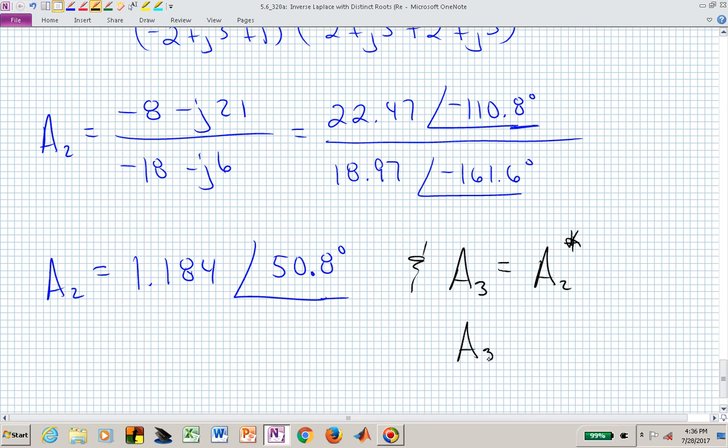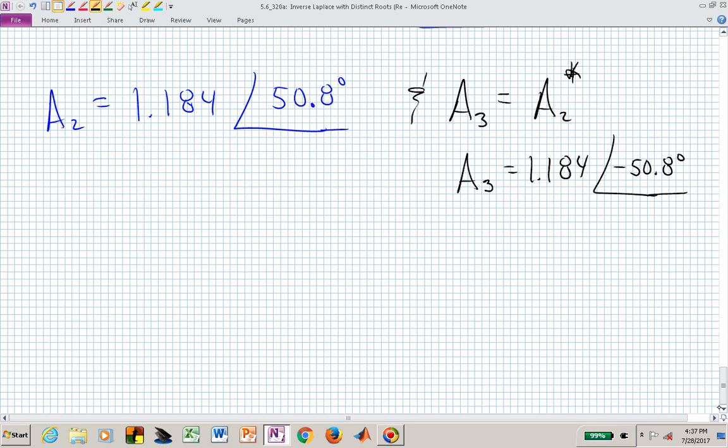It has exactly the same magnitude in polar form, and an angle that's the negative of the angle of a sub 2. And what we are going to use now is our understanding of phasors and their relationship with complex exponentials, and that will allow us to more easily find the time domain expression.